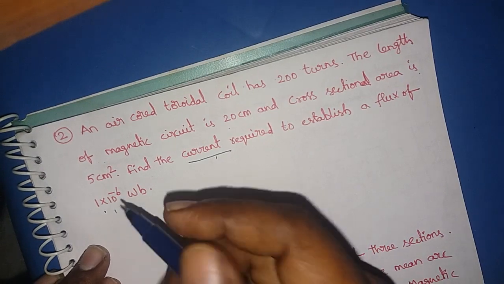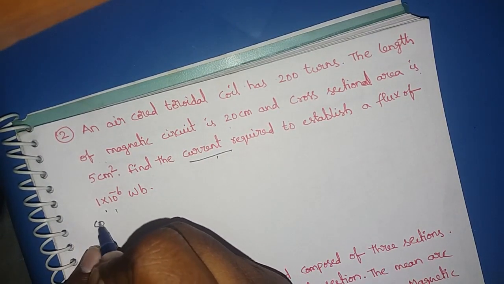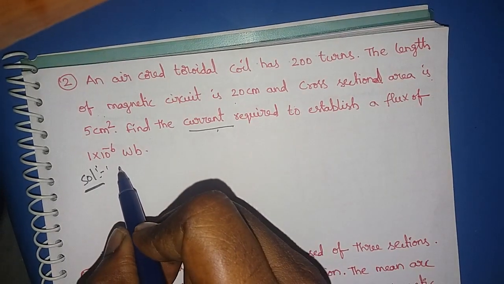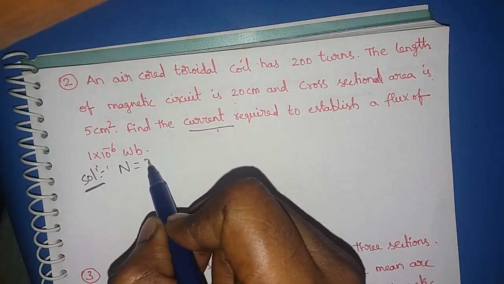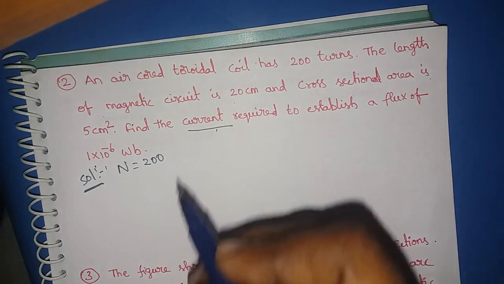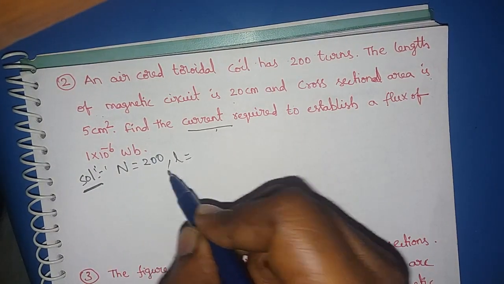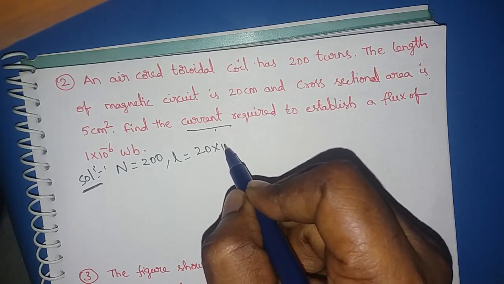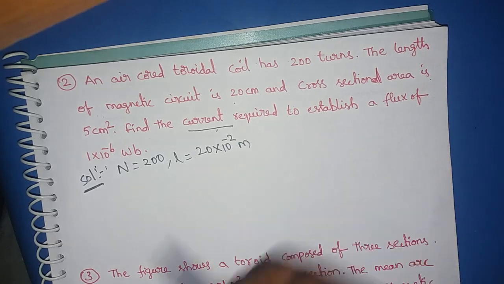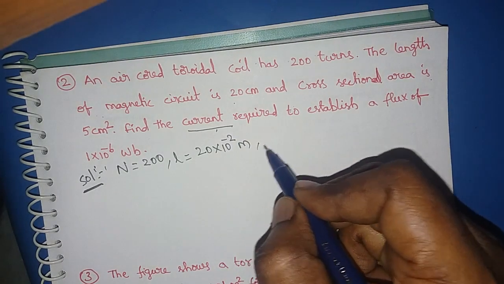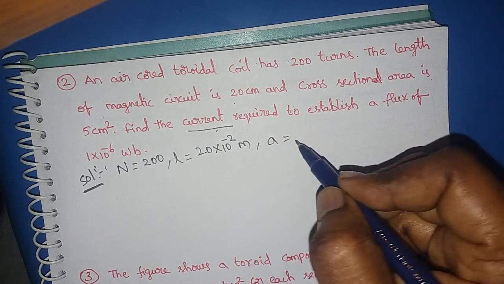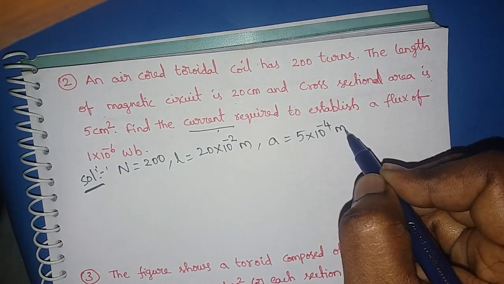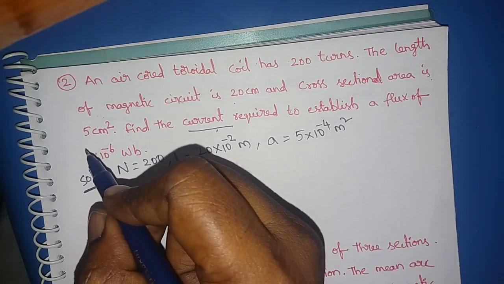First let us write the given data: N is equal to 200. L, the length of the magnetic circuit, is 20 centimeters, that is 20 into 10 power minus 2 meter, and the cross sectional area small a is 5 into 10 power minus 4 meter square, because it is centimeter square.